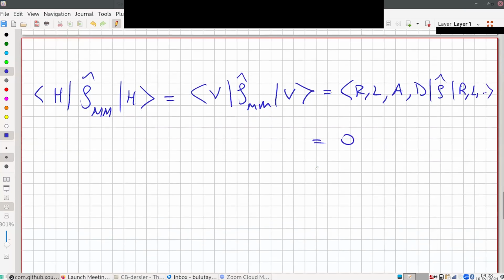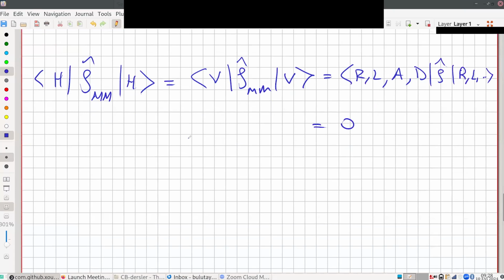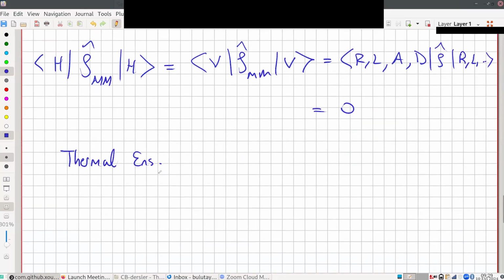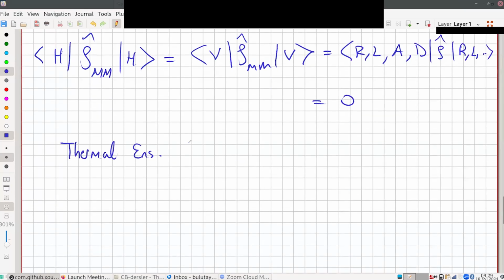It is the limiting case. Maximally mixed state is the limiting case of a thermal ensemble. A thermal ensemble is another mixed state. In here, you have your energy states, and your energy states are populated with the Boltzmann factor. So this is state E_i, and the statistical mixture in the thermal state is over those eigenstates.